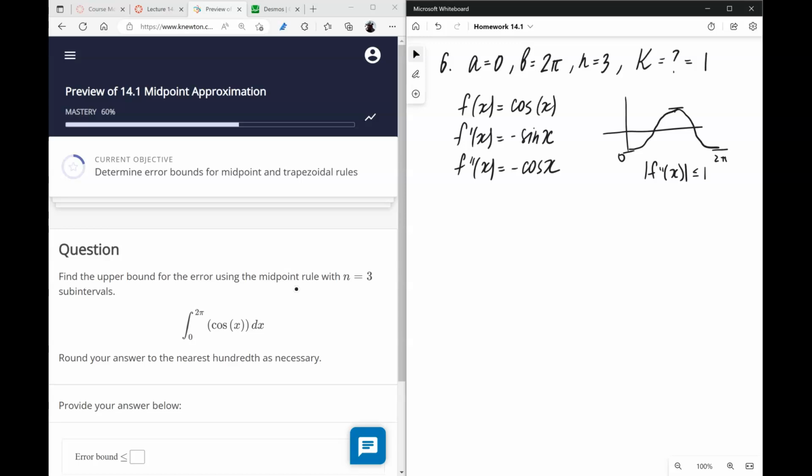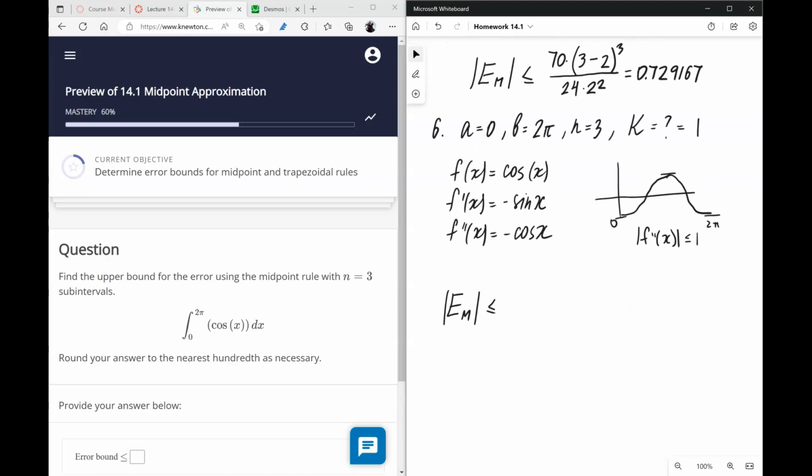So we can choose k to be equal to 1, and we can now plug all the ingredients into the formula. So we have 1 times 2 pi minus 0 cubed divided by 24 times n squared.